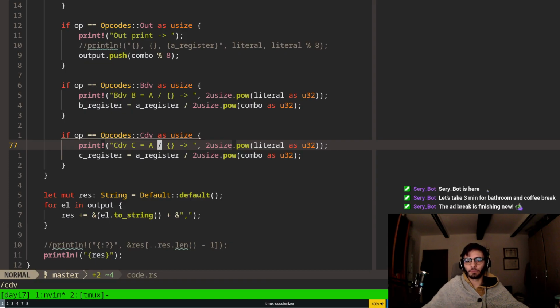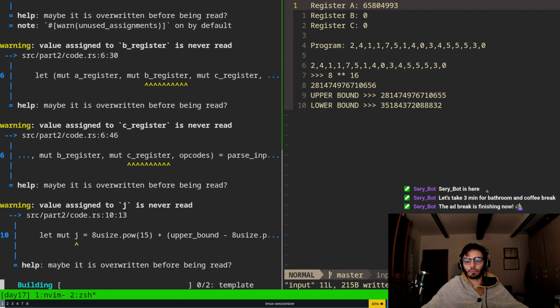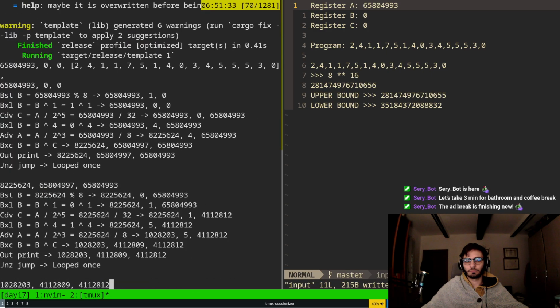I should write it down. But first, this is A divided by 2 to the power of literal, should be equal to the A register divided by whatever is there. All right, so we mod it up, we XORed B, we divide A by 2 to the power of 5.